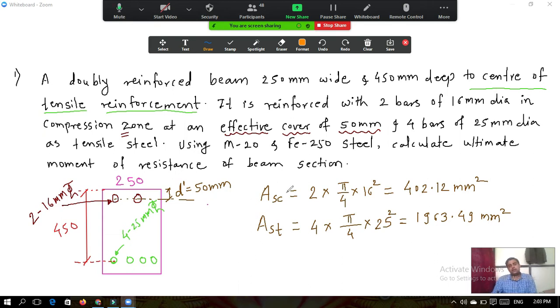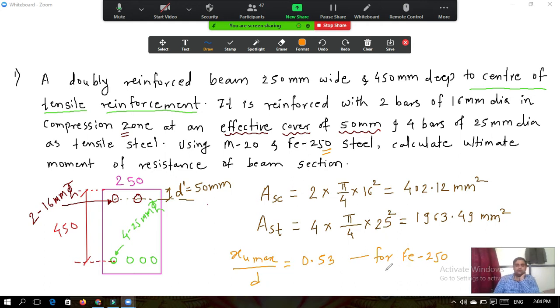See the grade of steel given to you. Grade of steel is 250. Open your IS code, go to page number 70 and see the XU max by D ratio for Fe250. So XU max by D is equal to 0.53 for Fe250.